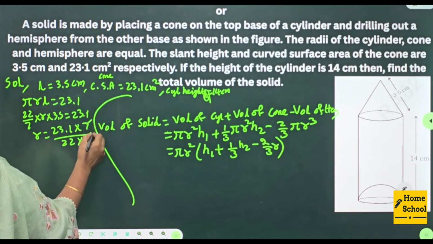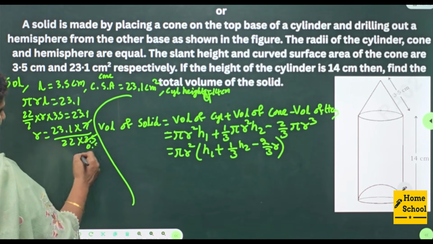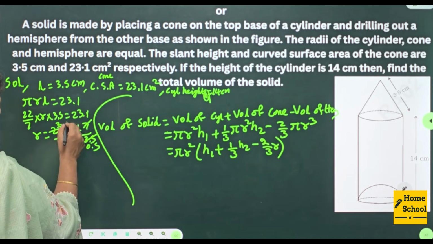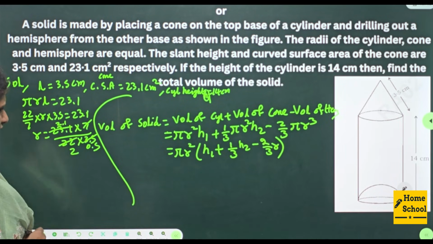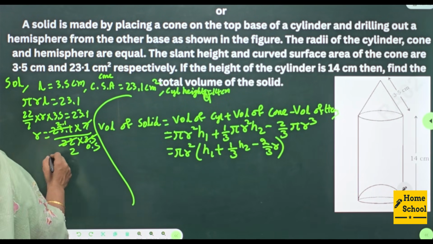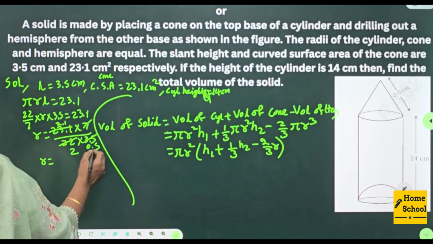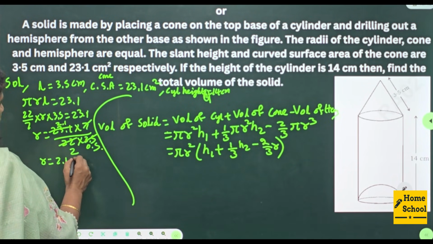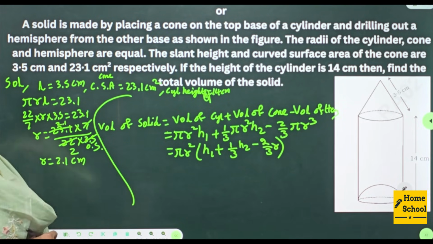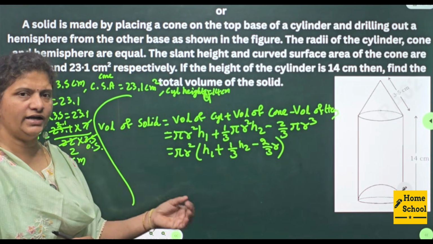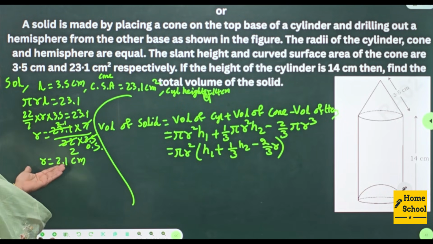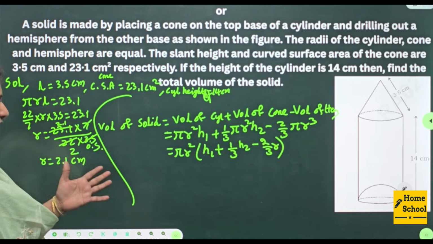This I can write as 7 0.5s, and again 11 2s are 22, so R is equal to 2.1 centimeter. The cylinder radius, cone radius and hemisphere radius are all the same, so the radius is 2.1 centimeter.